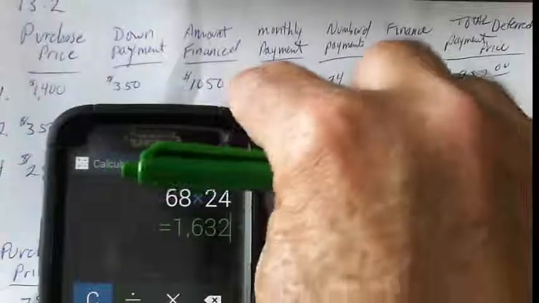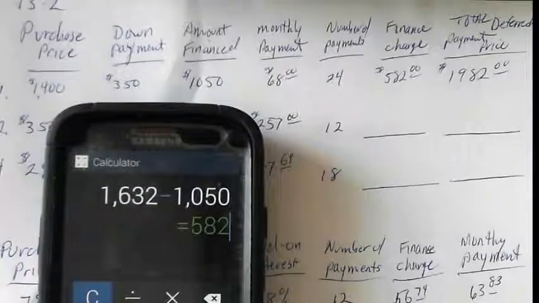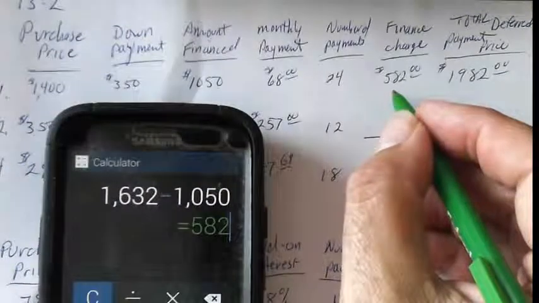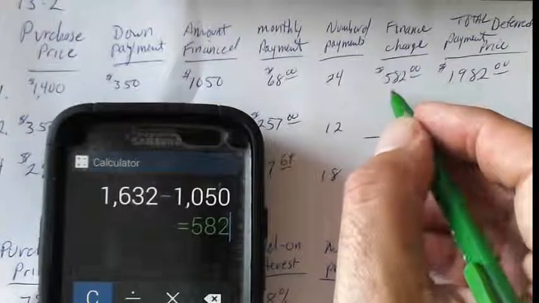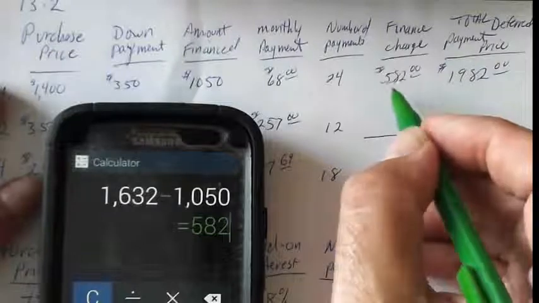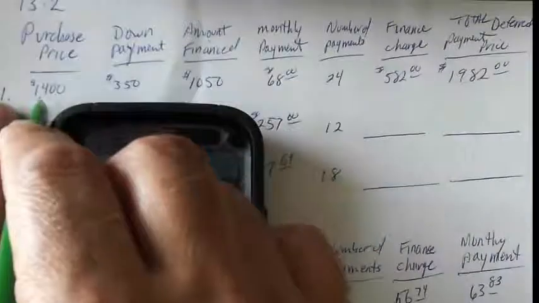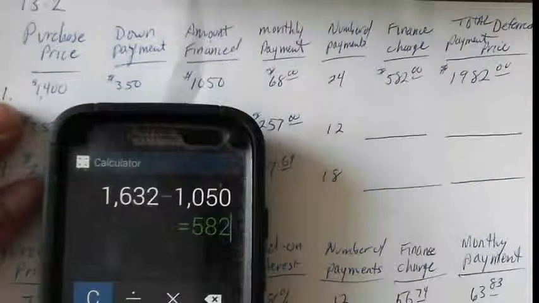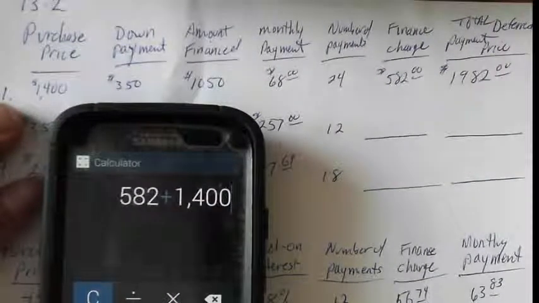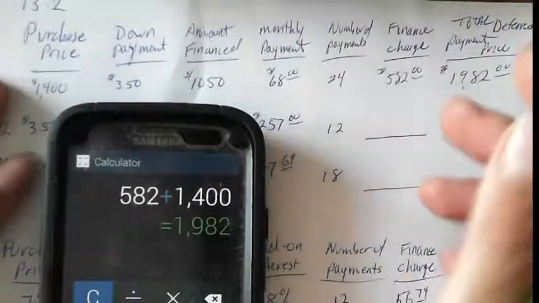Well, you subtract that then from the amount you financed, and you get your finance charge. Okay? So in order to get your total deferred payment price, you would just simply add your finance charge, what it costs you for the loan, plus your purchase price of the items. You would just add that up. Okay? So pretty straightforward calculations on those.